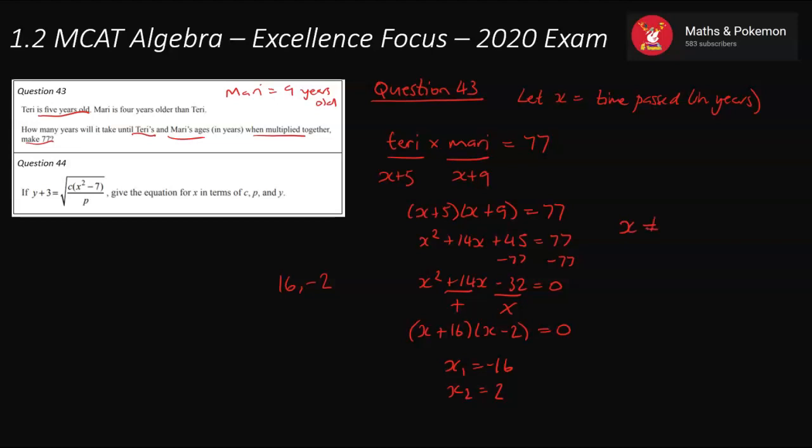So we know that x can't equal negative 16, because Terry and Murray can't have a negative age. So therefore, x is equal to 2. And what that means is in 2 years' time, Terry and Murray's ages will multiply to 77.